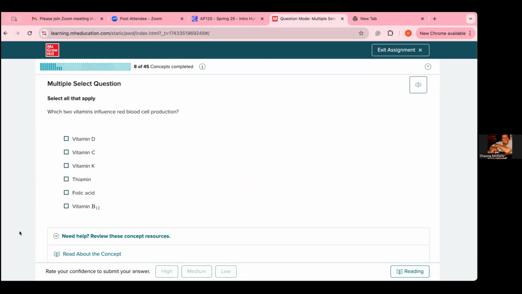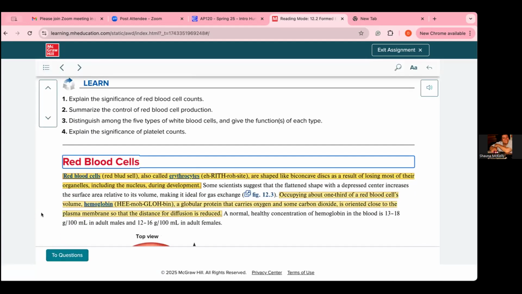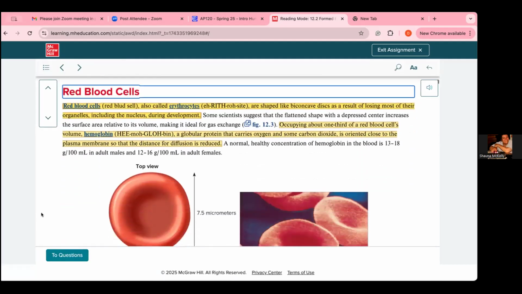Which two vitamins influence red blood cell production? I have no idea. So let's look it up. Okay, we read that. So scroll down.